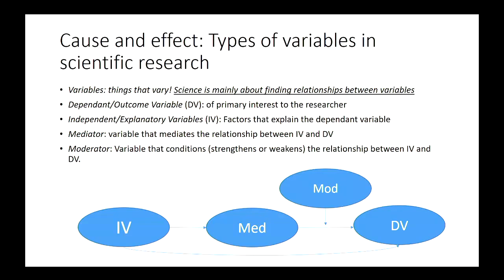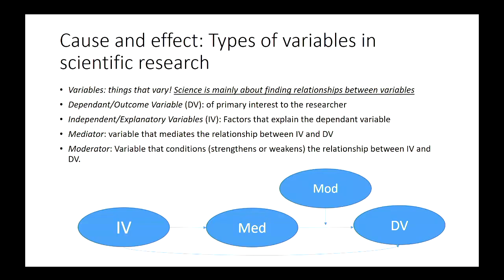Now each of these variables has a name. The outcome variable in your PICOT, the outcome, is the dependent variable. You want to see the impact of other variables on this variable. The intervention and the comparison are both independent variables, also called explanatory variables or predictor variables.